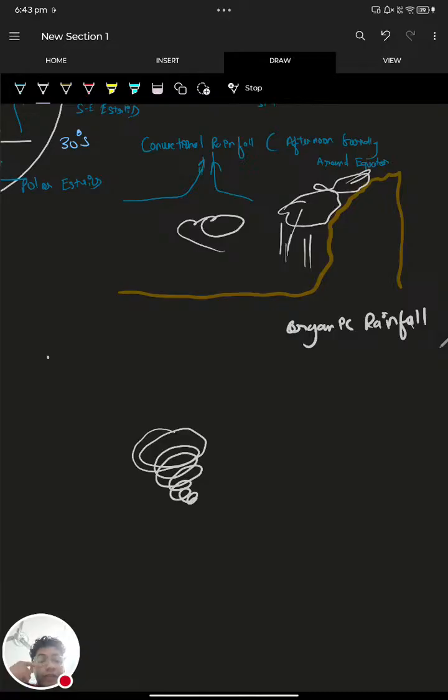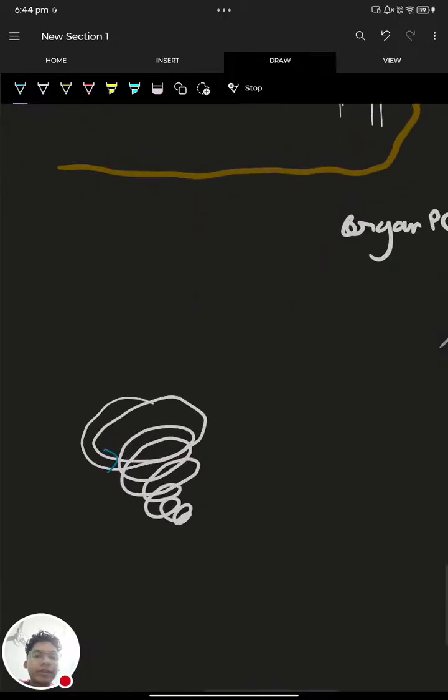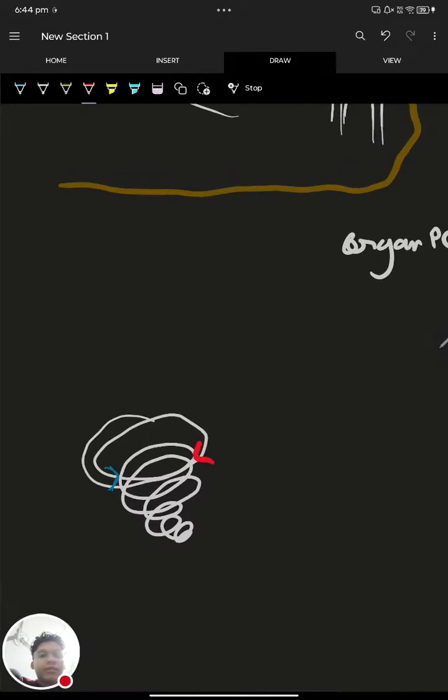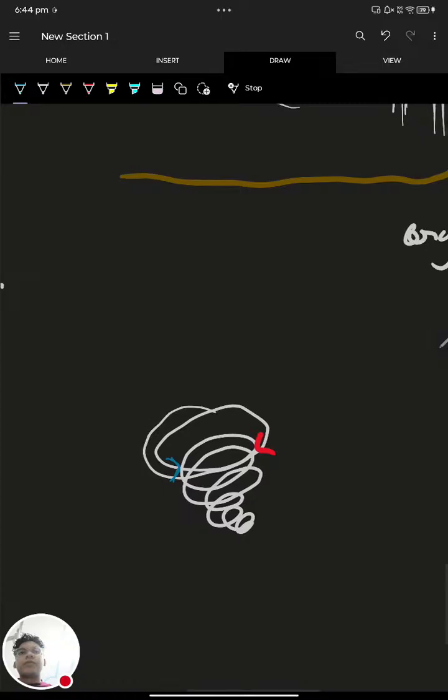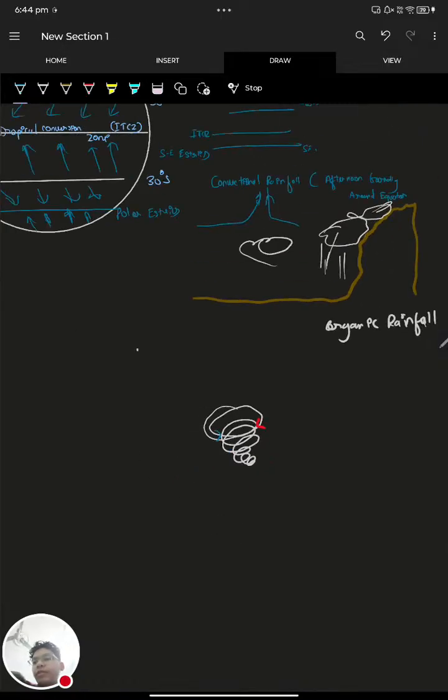In a typhoon, I would say a tornado, there are two types of winds going on, one cold, one hot. When cold and hot meet, they form rainfall. That is called cyclonic rainfall.